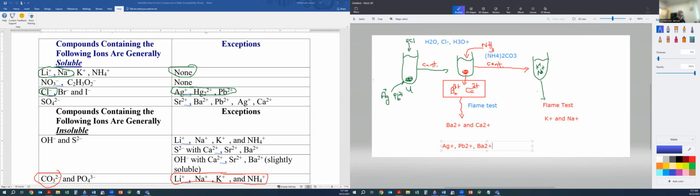Remember, I told you to change the barium to 2 plus. Calcium 2 plus, sodium, or excuse me, potassium, and sodium. So we could have anywhere from 2 to 4 of those, and that's how we distinguish between these.